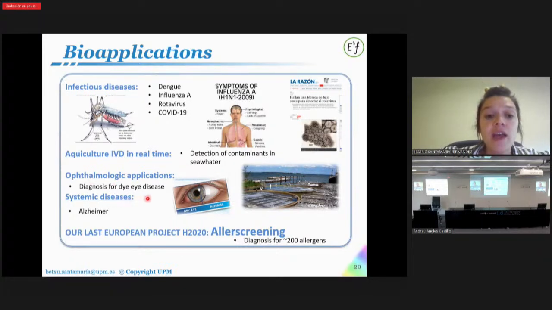We have investigated the diagnosis of ophthalmological diseases, dry eye disease for instance, and also systemic diseases like Alzheimer's. And our last project, which finished just this year, was the Allergy Screening project, covering the detection of 200 allergens.